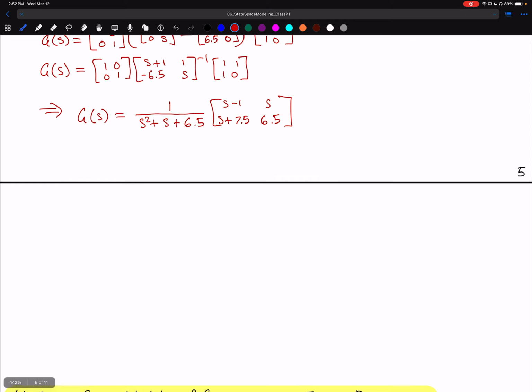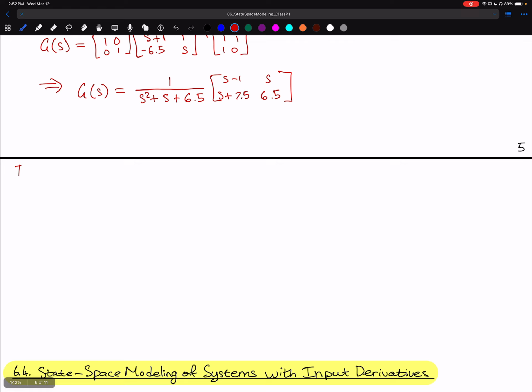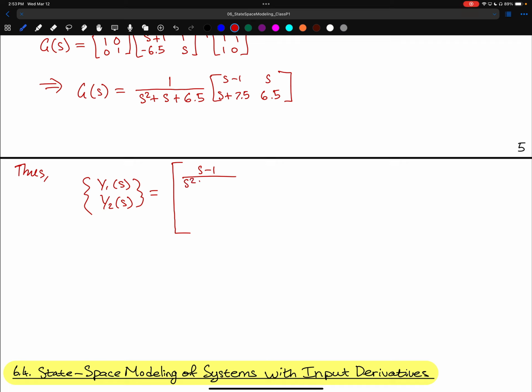Okay, so then thus we will get y1 of s, y2 of s. These are equal to a big matrix with a fraction in each entry. In the first one, we're going to get s minus 1 divided by s squared plus s plus 6.5.